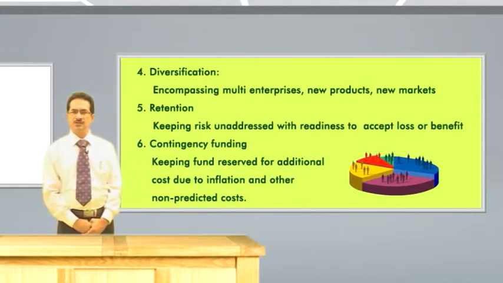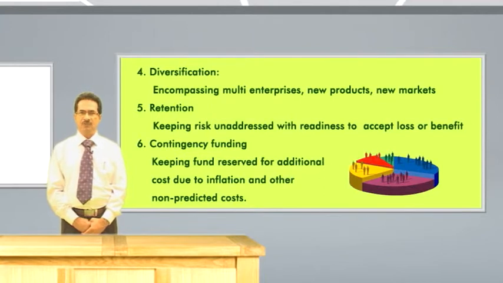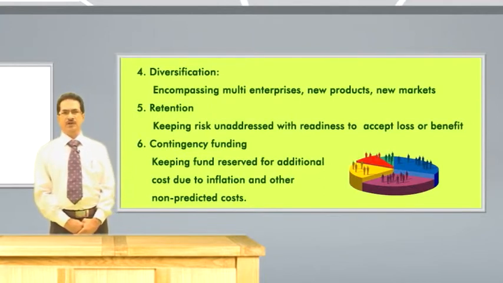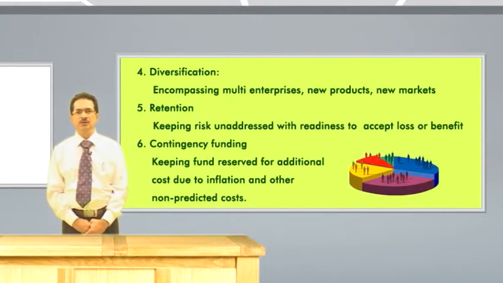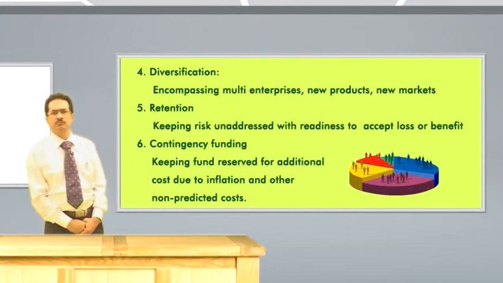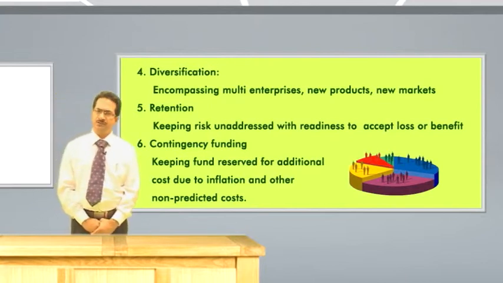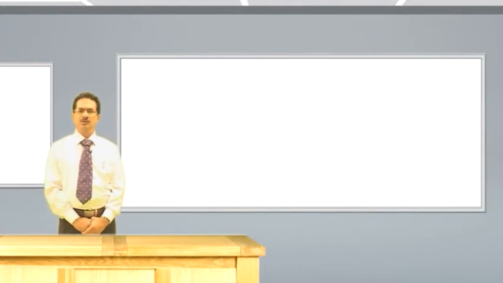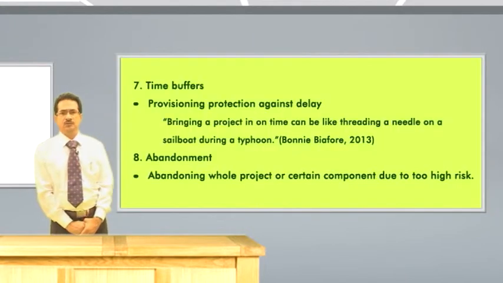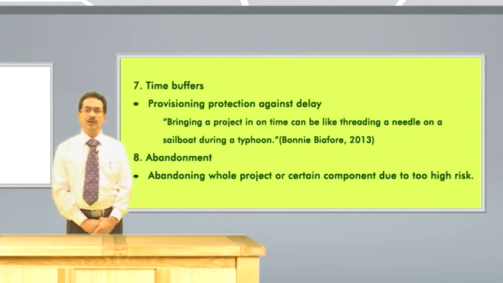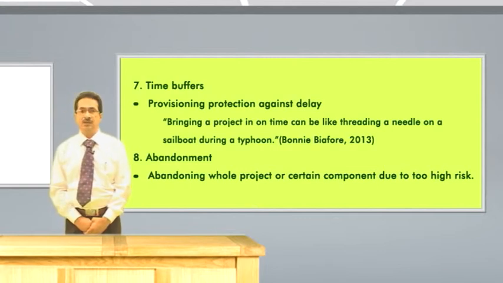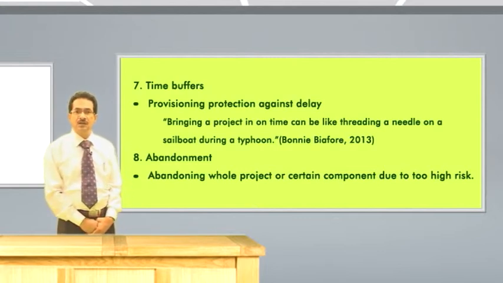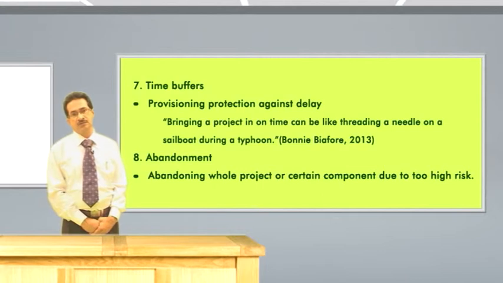Then next is contingency funding, keeping funds reserved for additional cost due to inflation or other non-predicted cost, and it is one of the most common methods practiced in corporate sectors. Now time buffer is another method which not only helps in risk management but also helps in gaining efficiency in an innovative manner.